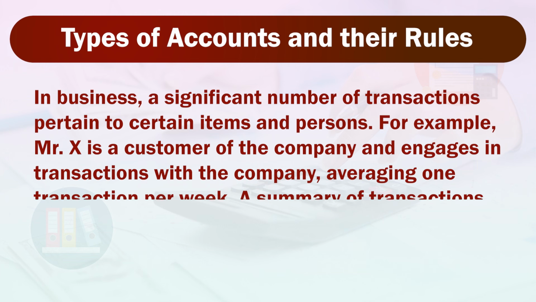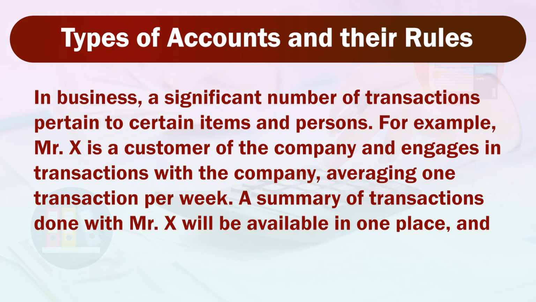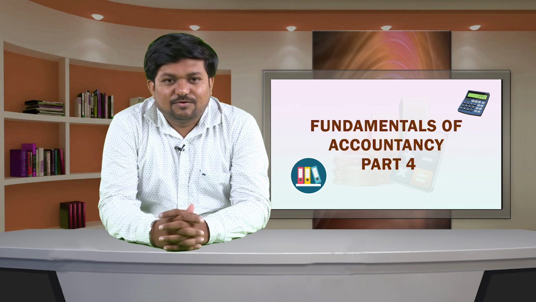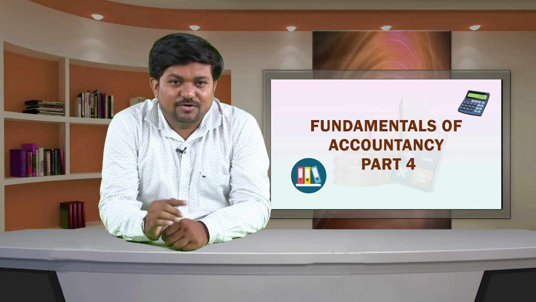So averaging one transaction per week, we can say a summary of transaction done with Mr. X will be available in one place, and that one place is called the account. Thus, there will be roughly 50 transactions with Mr. X during one particular year.